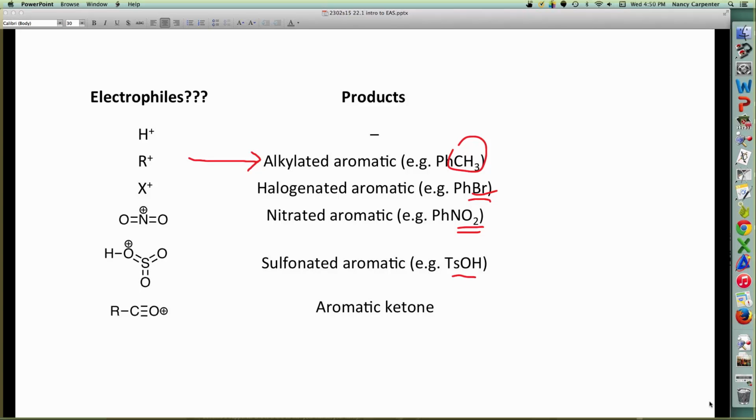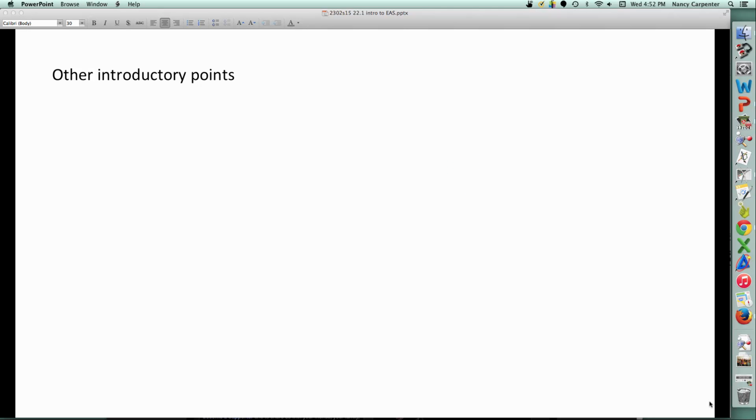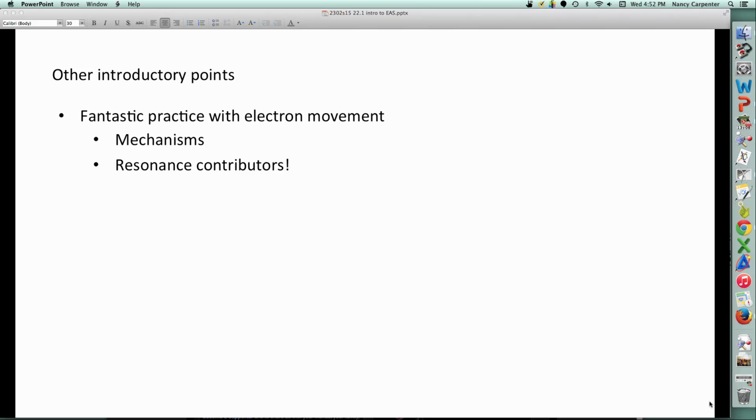We can make surfactants and detergents by sulfonating our aromatics. We can make tosic acid. And now, very excitedly and enthusiastically, we can go from an aromatic ring to, for example, a ketone. Something that you couldn't really do very easily, not in one step before. Try as you might.